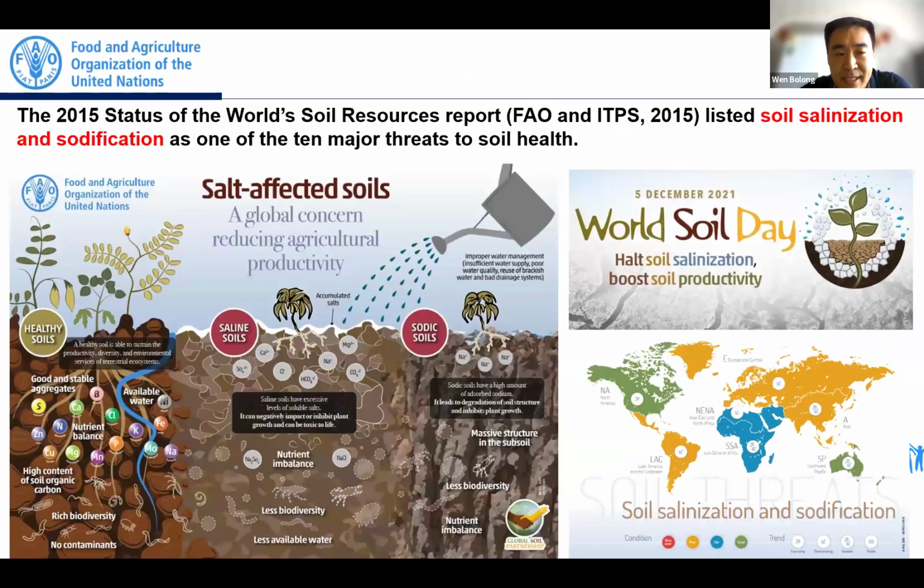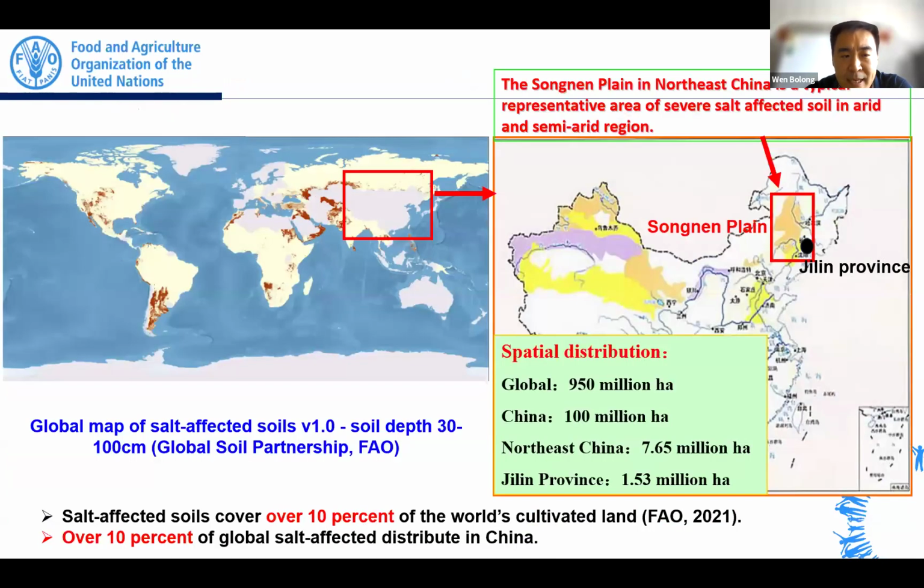As mentioned in yesterday's report, salinity is one of the top 10 major threats to soil health. 10% of the world's soil is affected by salts, and about 10% of which is in China.